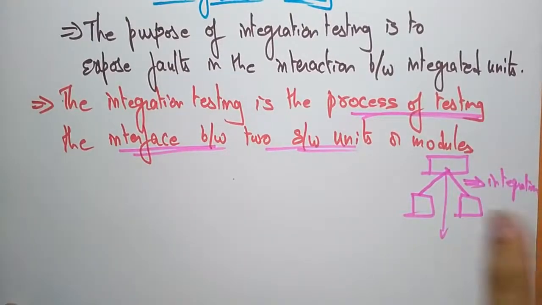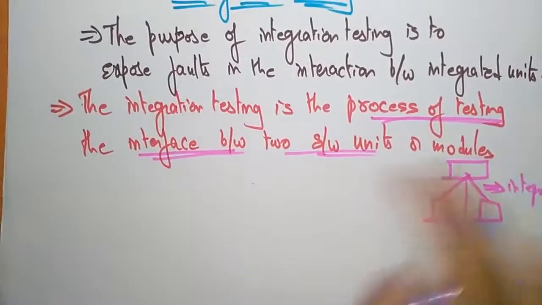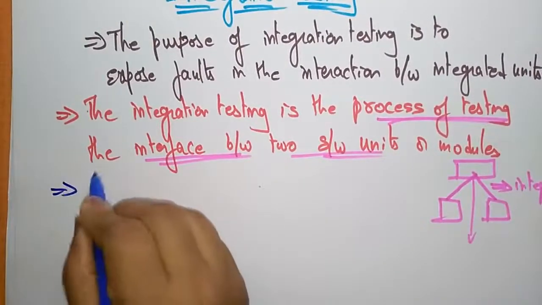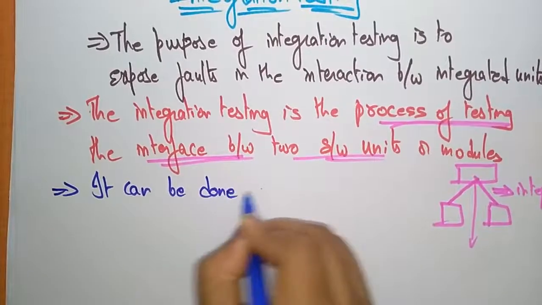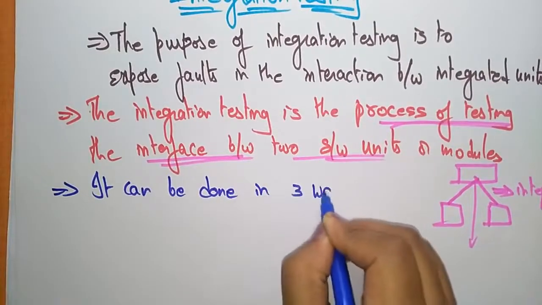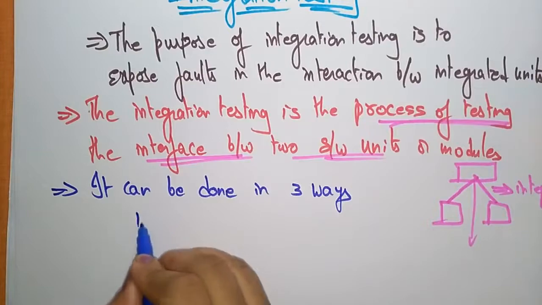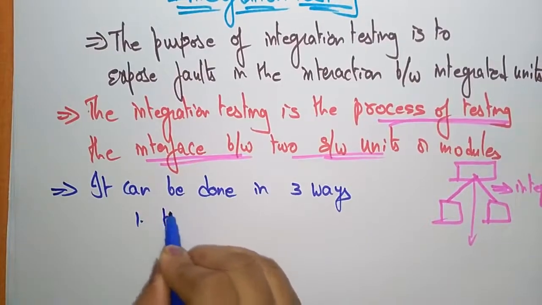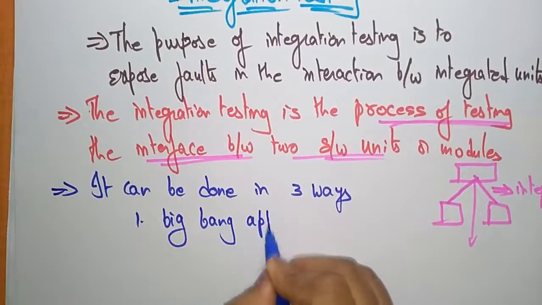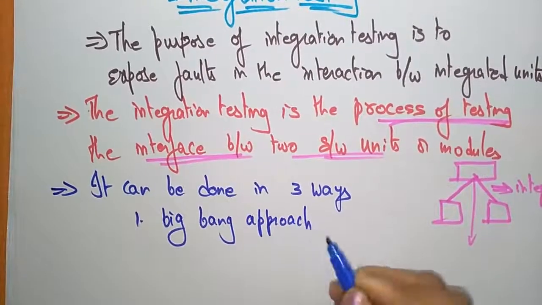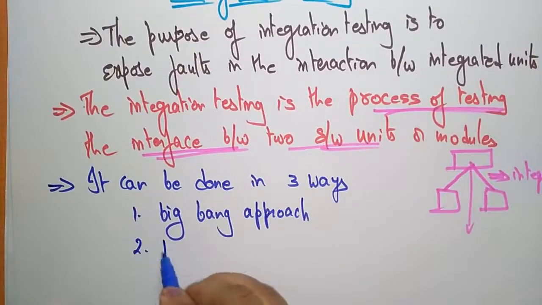Integration testing can be done in three ways. So what are the three ways? The first one is the Big Bang approach. The second, top-down approach.